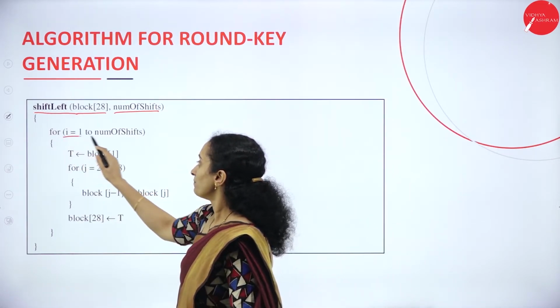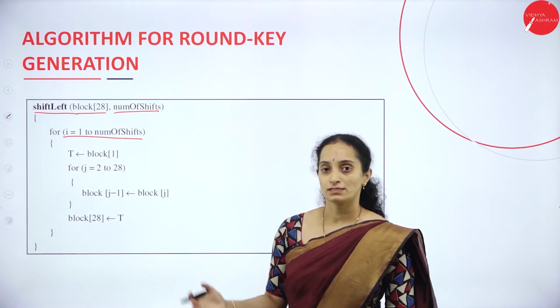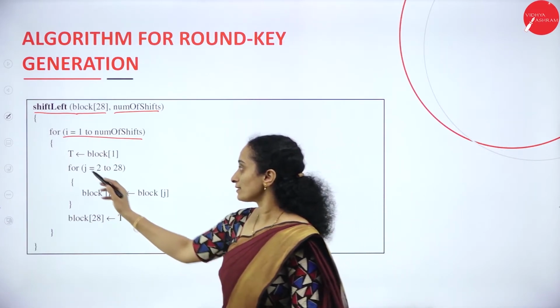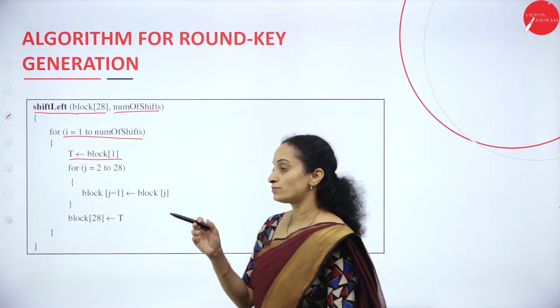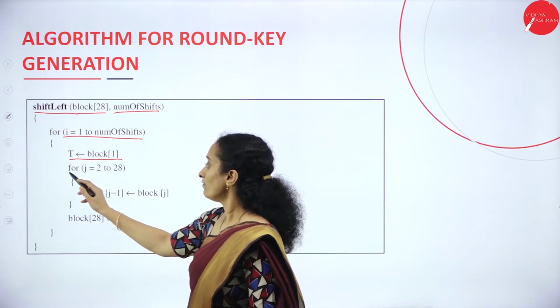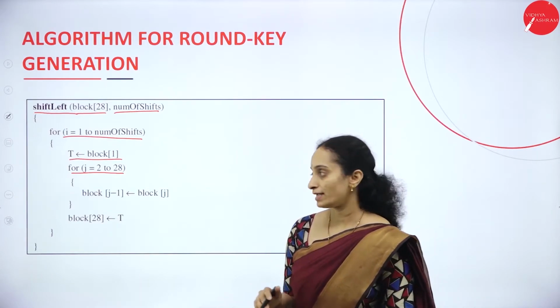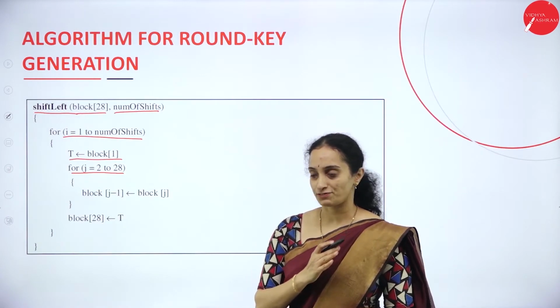It runs from I equals 1 to the number of shifts, which is how many times the shift operation must be executed. Now we have block 1, maybe left and right. Okay. Now for J from 2 to 28 bits, bit 1 will be as it is, the first shift left.